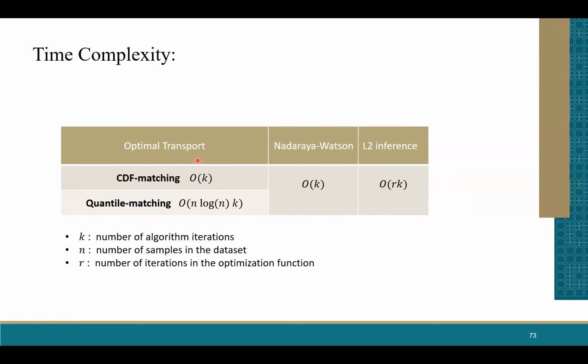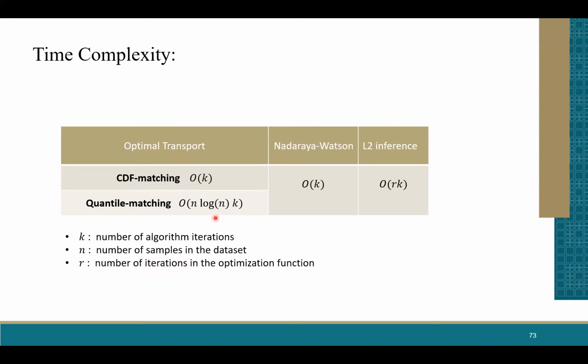When we use optimal transport with cumulative distributions, CDF matching, the time is big O of K, where K is the number of algorithm iterations. If we use quantile matching, using a fast sort algorithm, it takes big O of n log n multiplied by K, where n is the number of samples in the dataset.